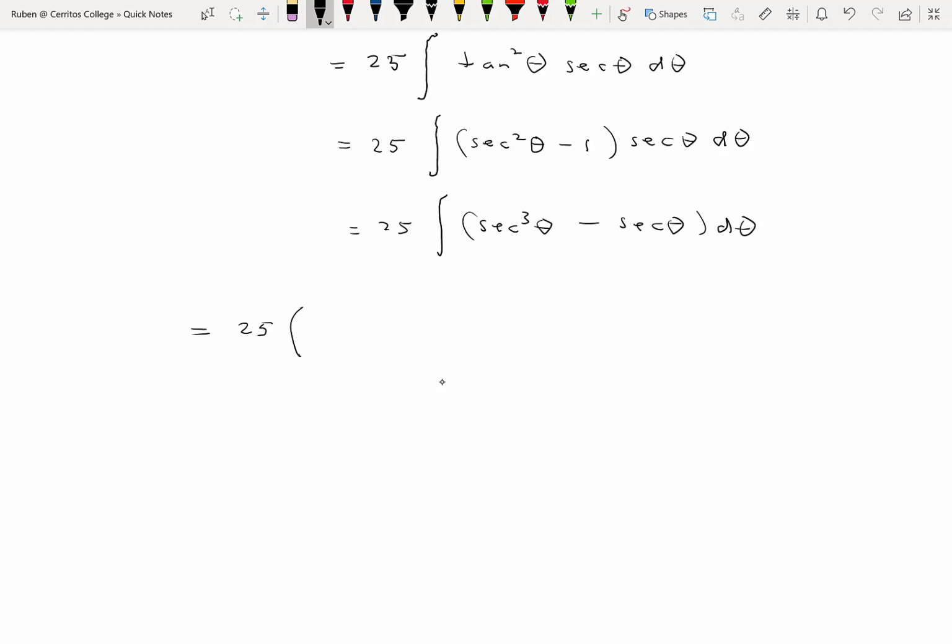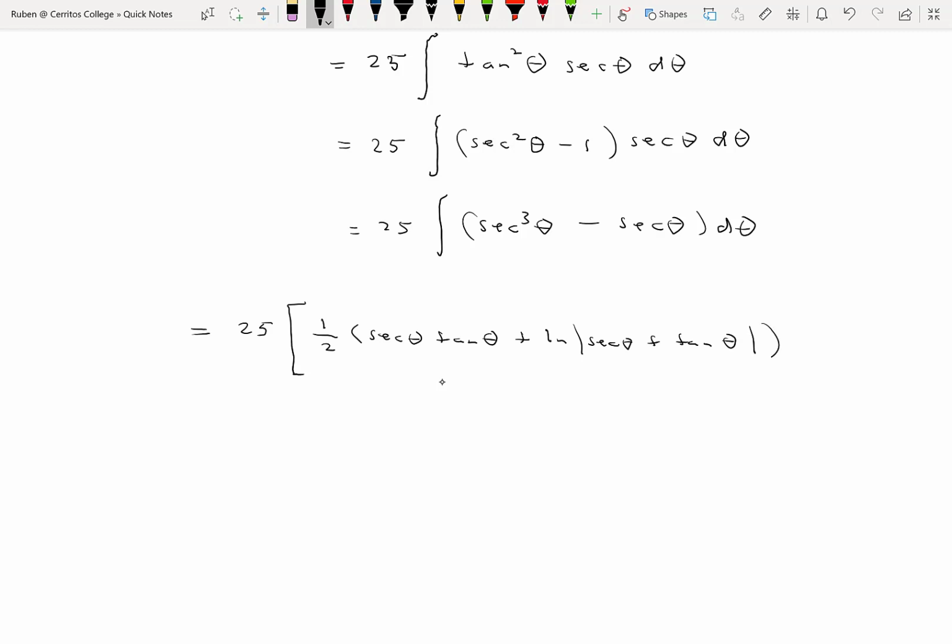In 7.2, if you need to stop the video to remind yourself of how to integrate secant cubed, that's fine. Feel free. In 7.2, we ended up with the integral of secant cubed is 1/2 secant tangent plus 1/2 the natural log of secant plus tangent.